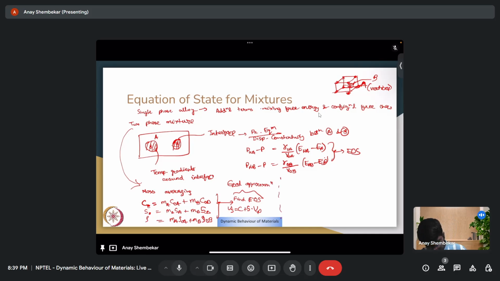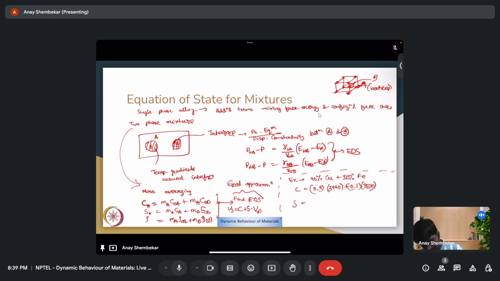Suppose we take an example, again this is theoretical. Suppose you have 90% copper and 10% iron as a two phase mixture. Then to find the EOS, my C would be 0.9 times copper, which is 3940, plus 0.1 times 357.